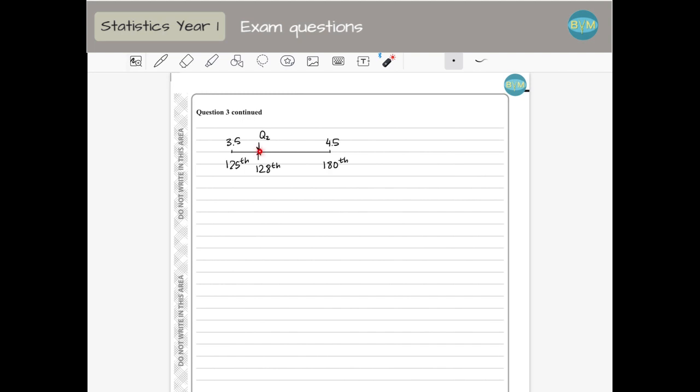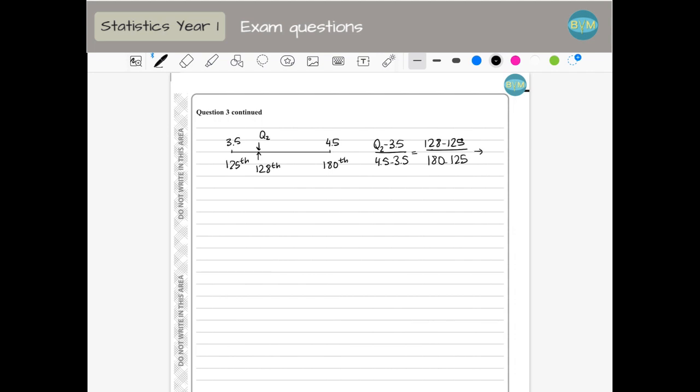This distance divided by this distance is going to be the same as this distance divided by this distance. So (Q2 minus 3.5) divided by (4.5 minus 3.5) is going to be the same as (128 minus 125) divided by (180 minus 125).